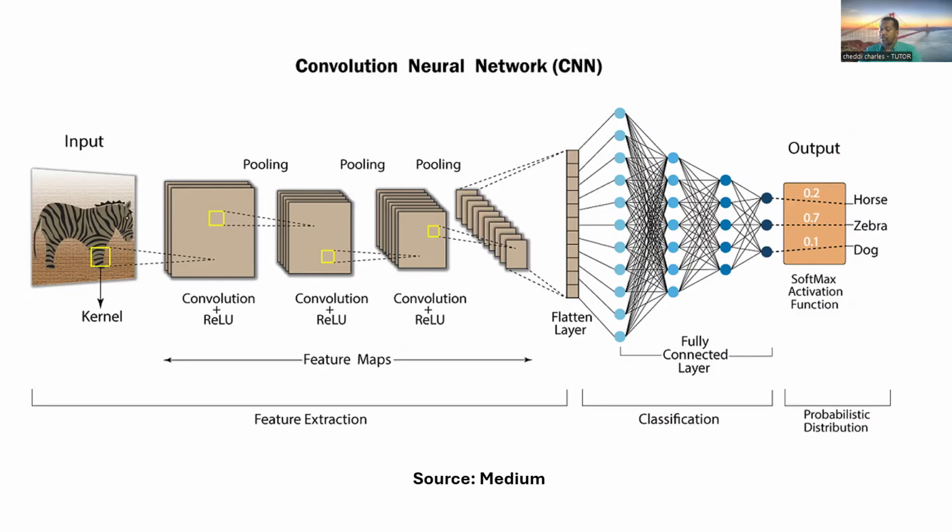Afterwards, you have to flatten the layer, and then this flattened layer is passed through the fully connected layer, just like the multi-layer perceptron in terms of the neural network. So it goes through, you may do some dense layers there, and as you can see, it is fully connected.